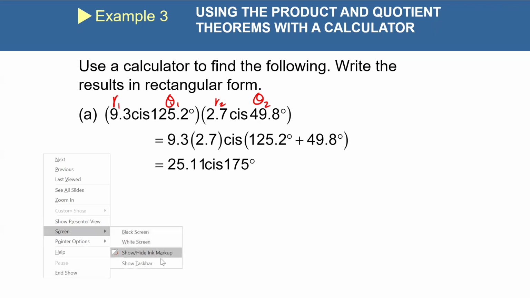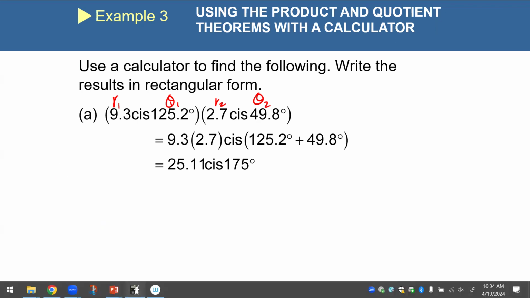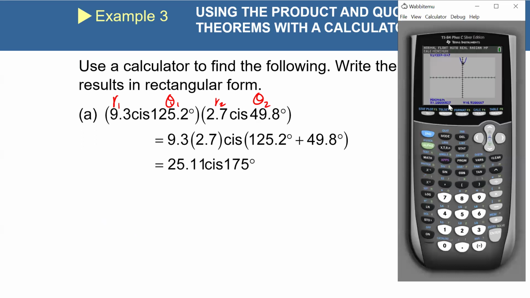Let me grab old Sylvie. Hello, Sylvie. I'm going to reset her because I don't know what I do. Second plus 712. And I am in degree mode, so I need to make sure. Mode. I'm going to go to degree. And now I'm ready to find my cosine of 175 and my sine of 175. So cosine 175.